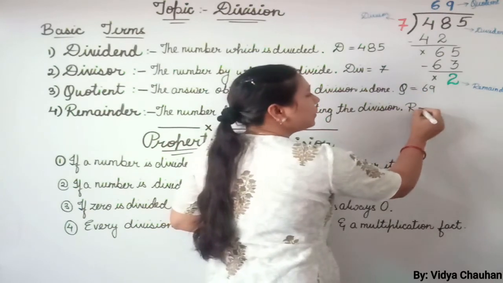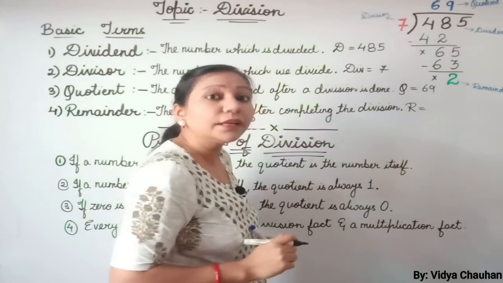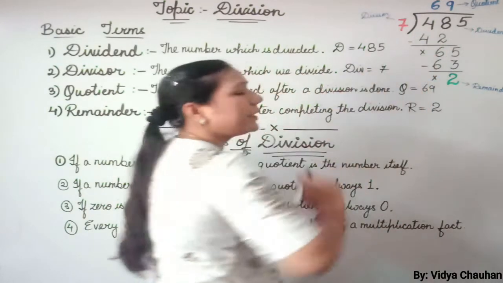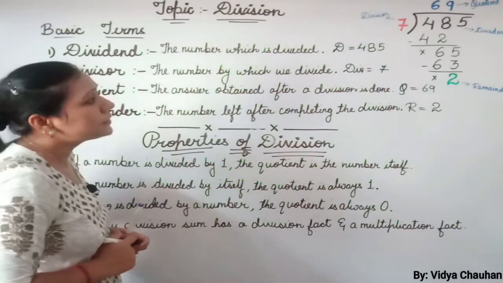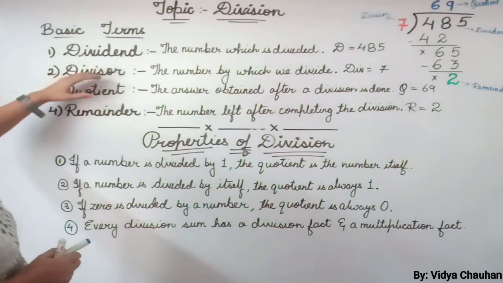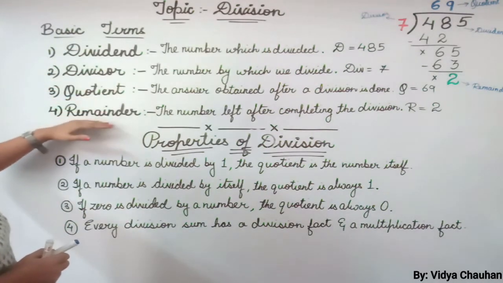And the short form for remainder is capital R. What is our remainder for this division term? That is 2. So this is all about the basic terms: dividend, divisor, quotient and remainder.